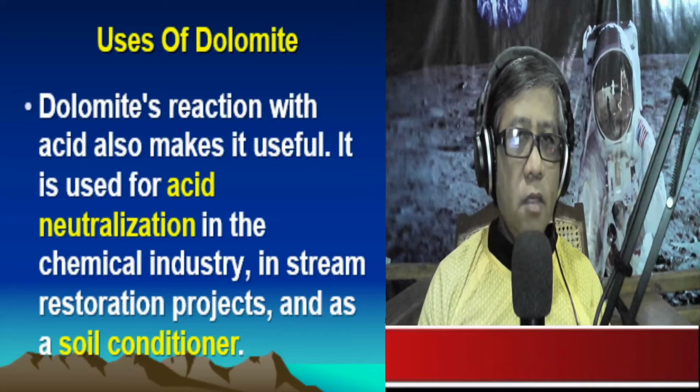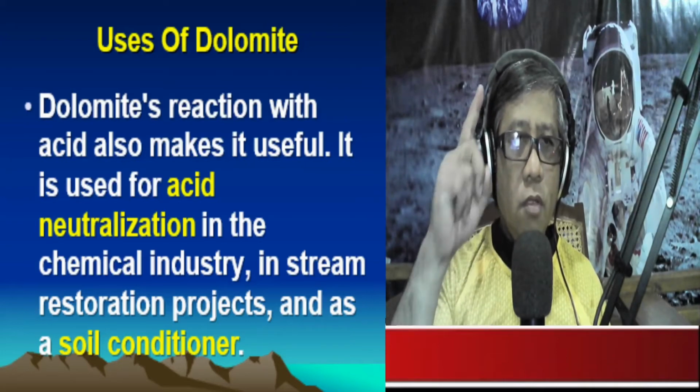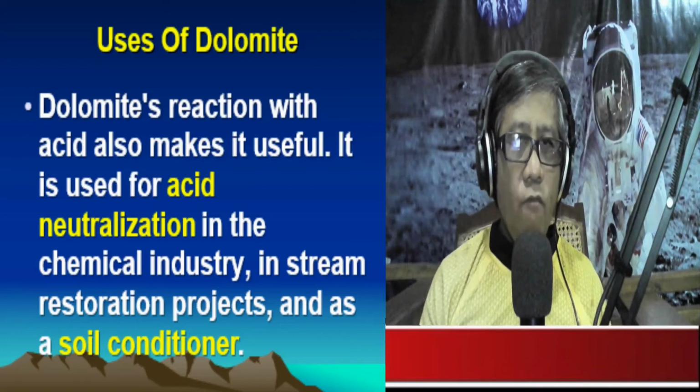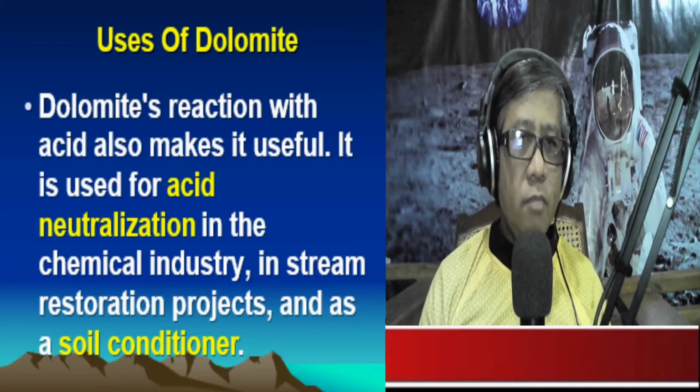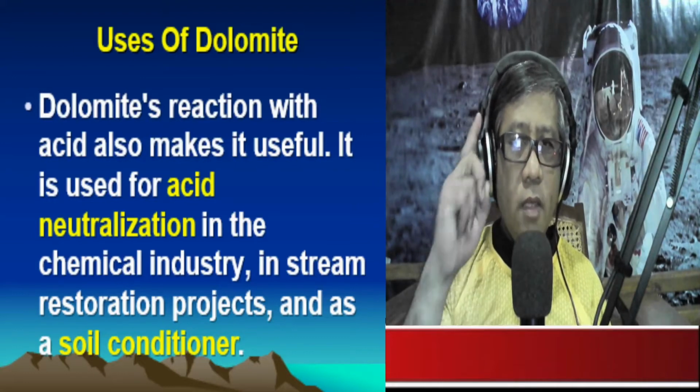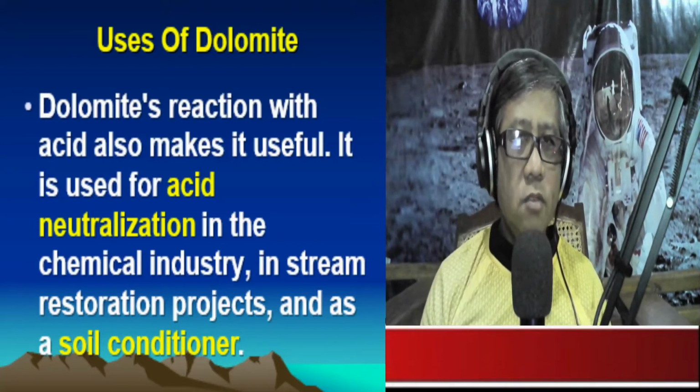Now, if you place a drop of hydrochloric acid on powdered dolomite, a much more visible reaction will occur. This is because the surface area has been increased, making more dolomite available to the acid, and because of its carbonate nature, dolomite makes a good acid neutralizer.